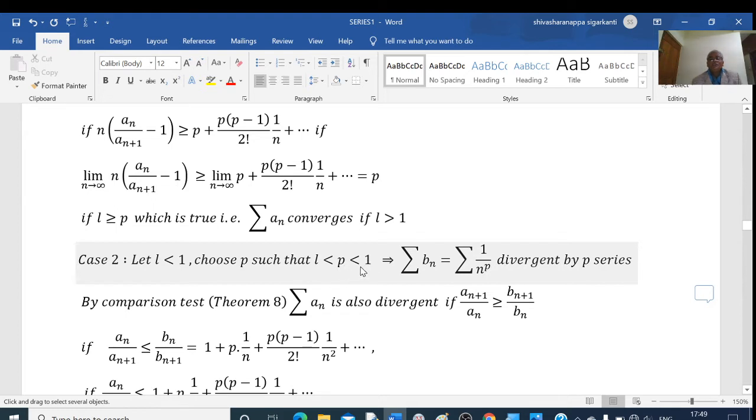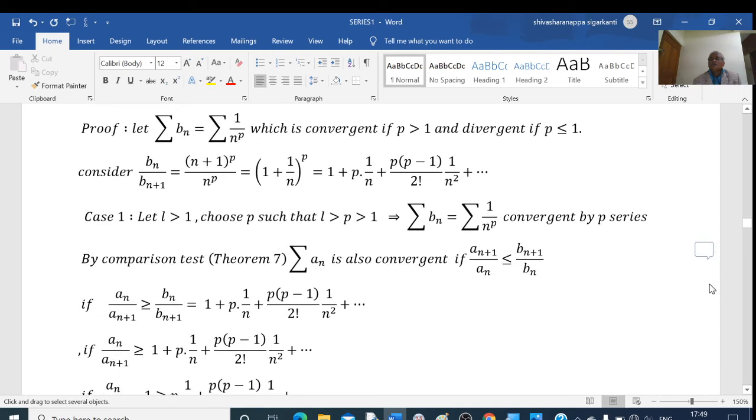If p is less than 1, then by the p series, this 1 by n to the power p is divergent. That is, p is less than 1, therefore this p series is divergent. This is known. Then by comparison test 8, what is comparison test 8?